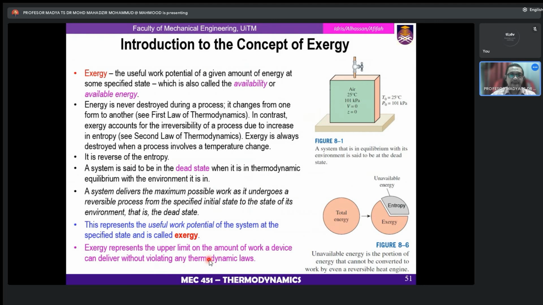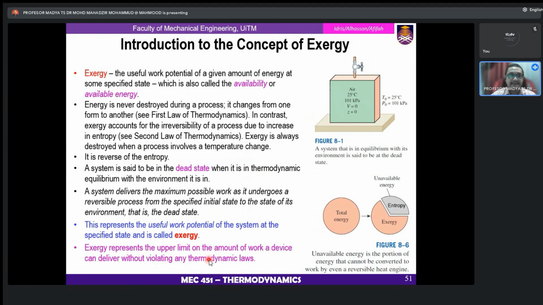So this is the definition of exergy. It is the useful work potential of a given amount of energy at some specified state, which is also called availability or available energy. Energy is never destroyed during a process; it is changed from one form to another, as we know from the first law of thermodynamics.